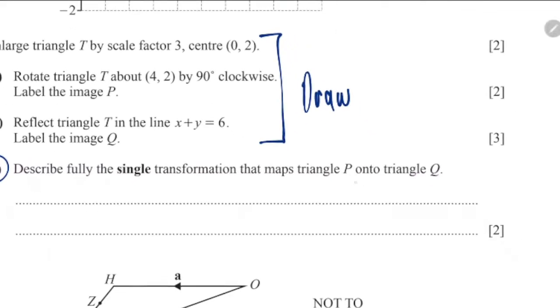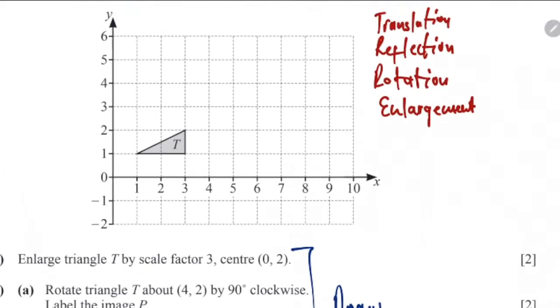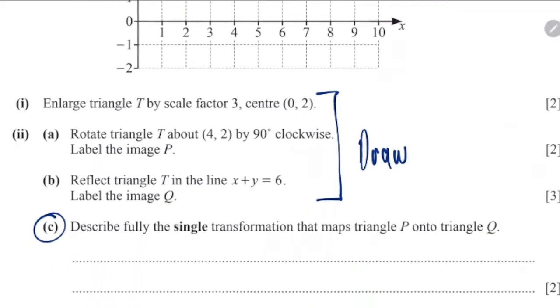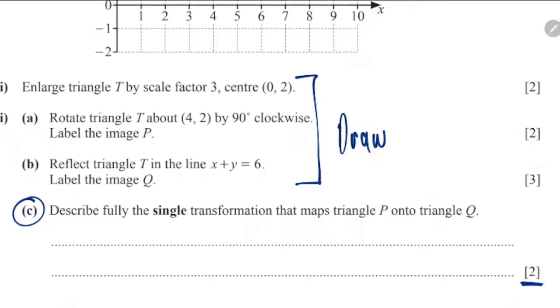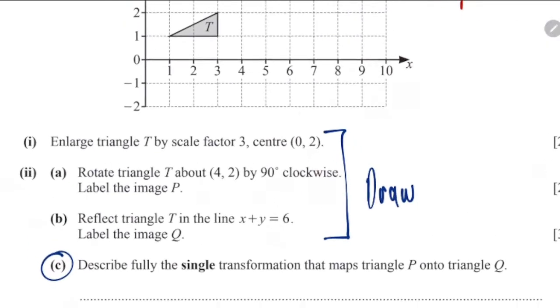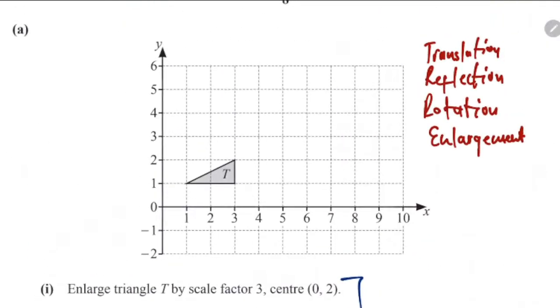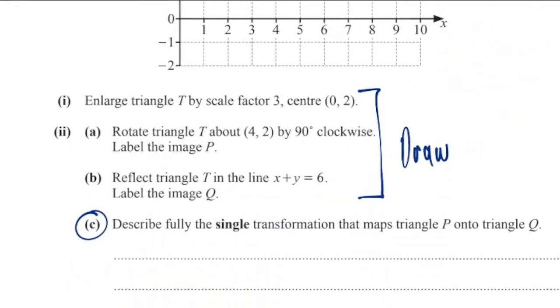Describe that maps P onto Q. Oh, so we don't have P and we don't have Q. So anyway, we cannot describe. So we can start by drawing because we don't have the things that they want. P and Q, we find them by drawing. So let's draw so that we find them, then we can describe. But if it's not a situation like this one, this is a weird situation. It's a new situation.